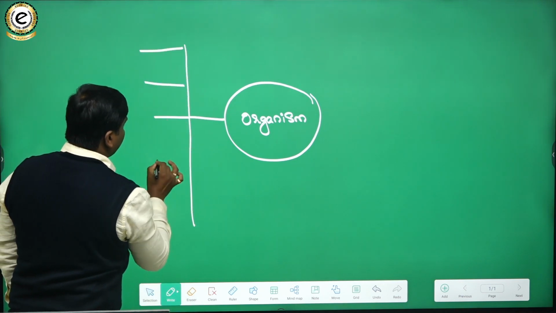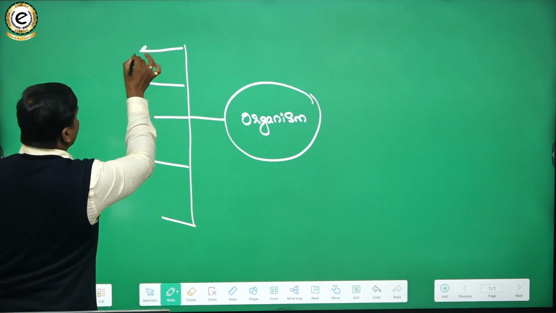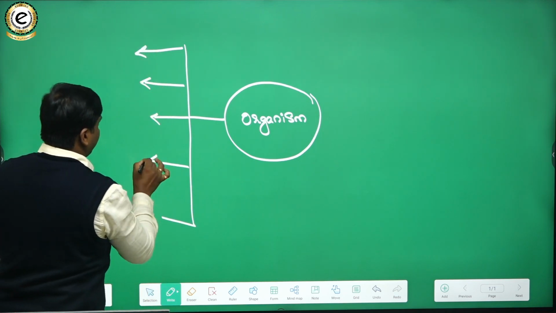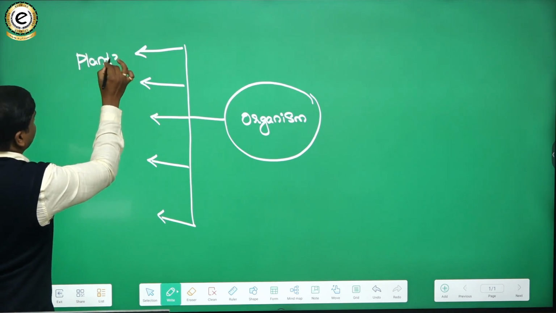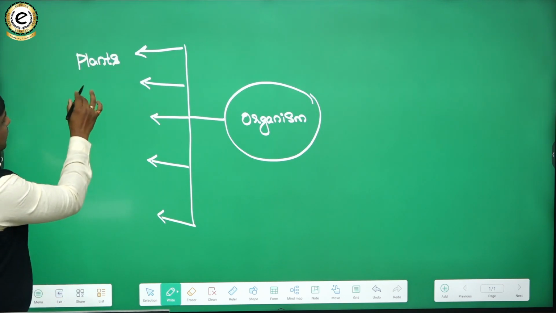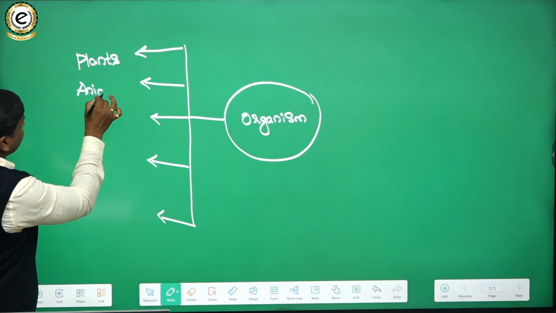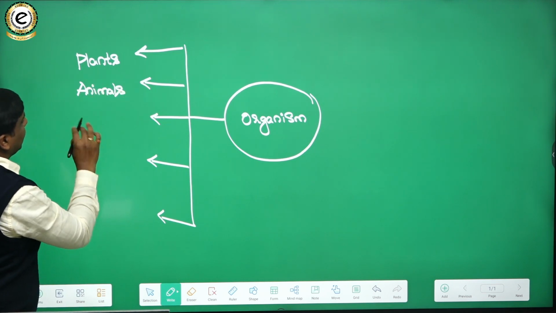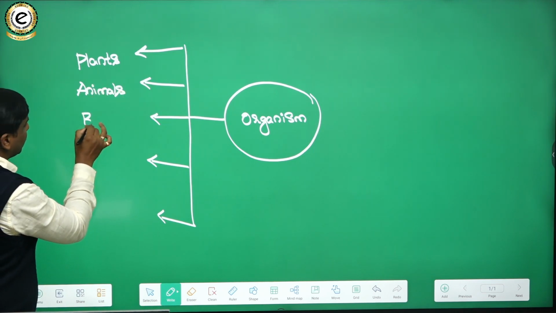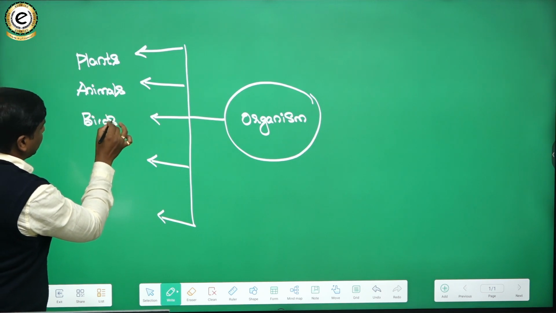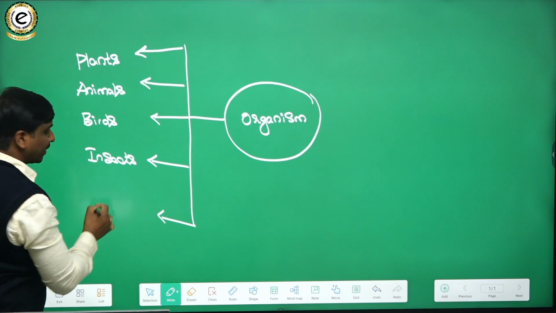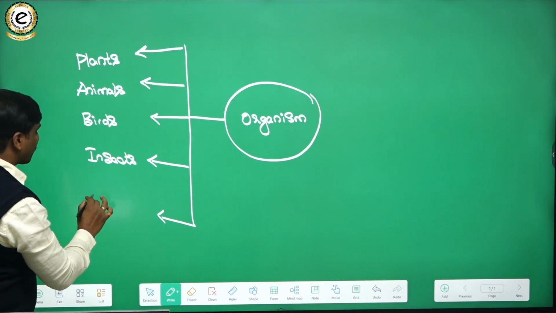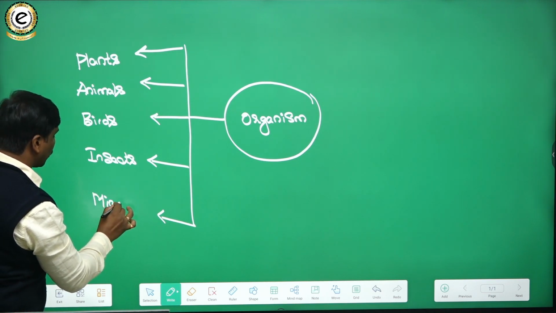Surrounding an organism, can you see some plants? Can you see some animals? Yes. Can you see some birds? Can you see some insects? Can you see some microorganisms or microbes?